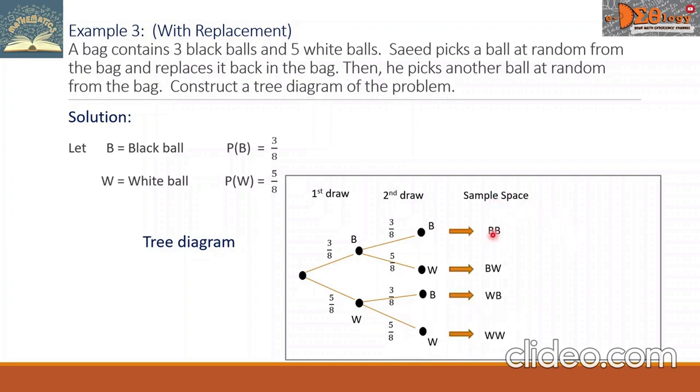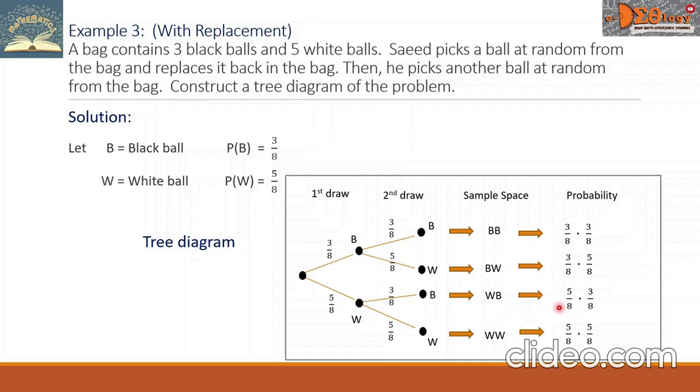We write the sample space. BB means black for the first draw, black also in the second draw. BW, black, white. Here, white, black. And then white, white. Then we compute for probability. Simply we multiply the corresponding probabilities. So for BB, 3 over 8 times 3 over 8. BW means 3 over 8 times 5 over 8.